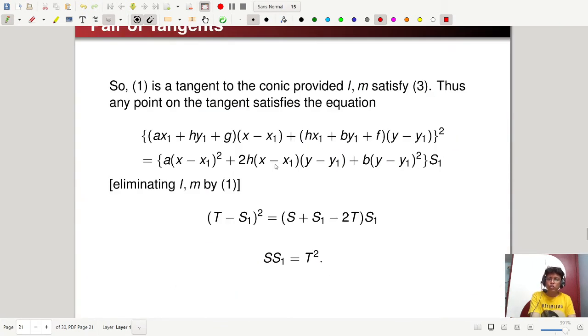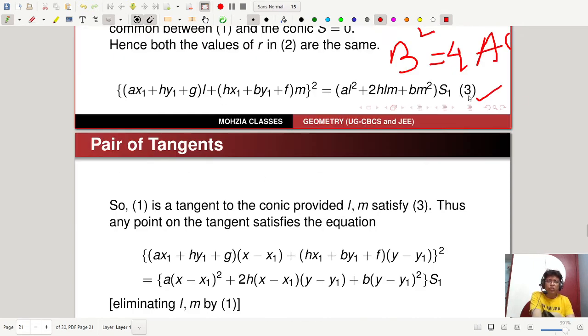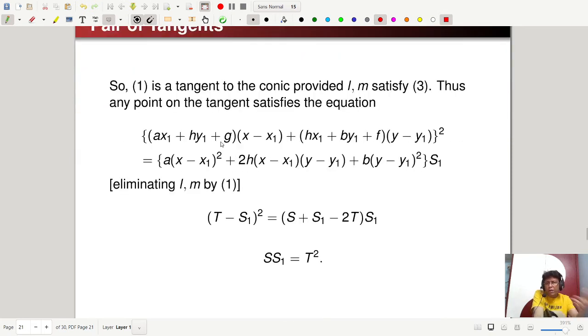If you substitute, r will get cancelled from both sides. You are using 1 to eliminate l and m. In equation 3 you have l and m everywhere, so you replace l by (x minus x1) by r, m by (y minus y1) by r, and r gets cancelled from both sides, no problem.